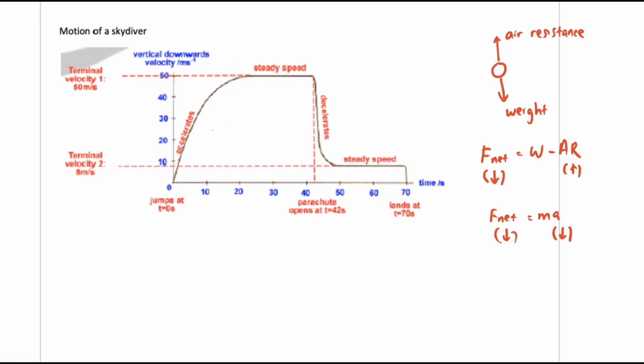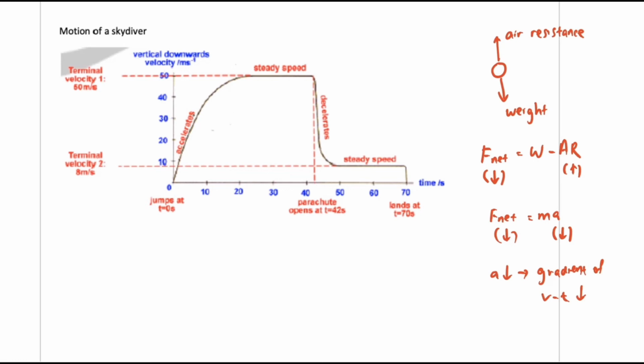Acceleration is decreasing. And you need to know that this is a velocity versus time graph. So if the acceleration decreases, the gradient, which represents acceleration in a velocity-time graph, decreases. So acceleration decreases, the gradient of the v-t graph decreases.